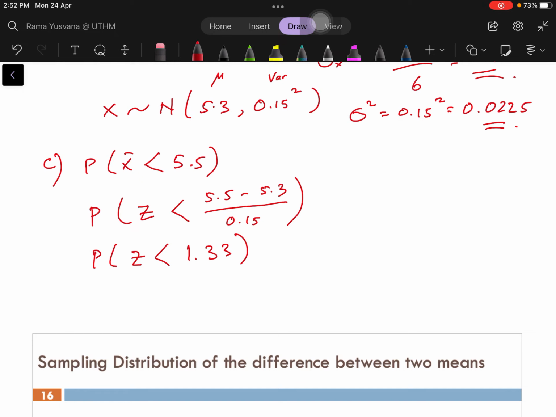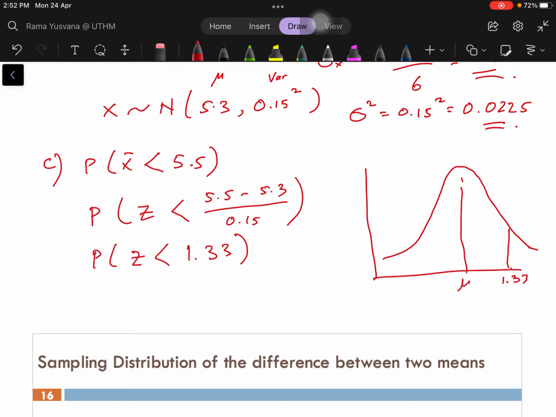Because this is less than, if you look at the curve, this is the mean mu, and this is positive 1.33, somewhere there. It's asking for the z value of less than 1.33, meaning it's asking for this entire region here, covering the two halves basically.